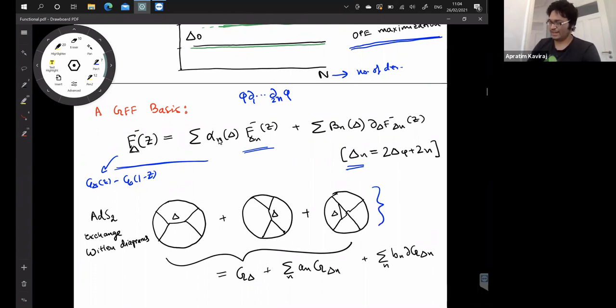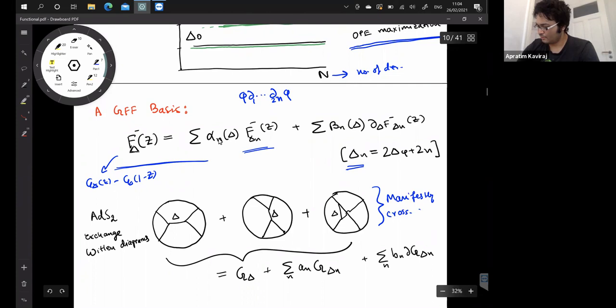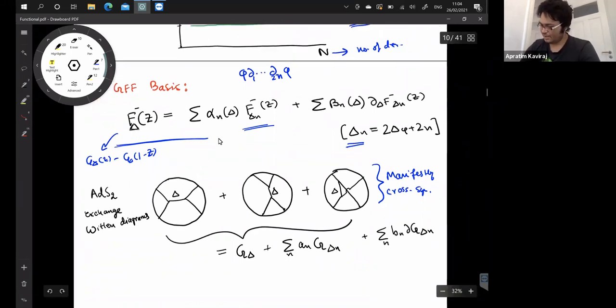You see that this is a manifestly crossing symmetric thing, and it can be easily shown that it has a conformal block expansion like the following. And since it's crossing symmetric, it also must satisfy the bootstrap.